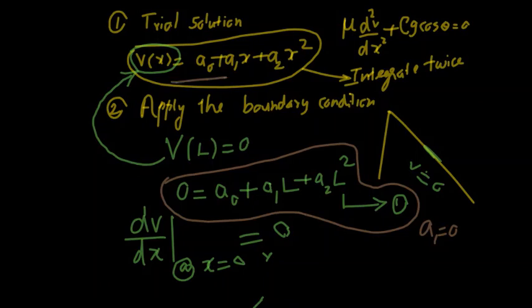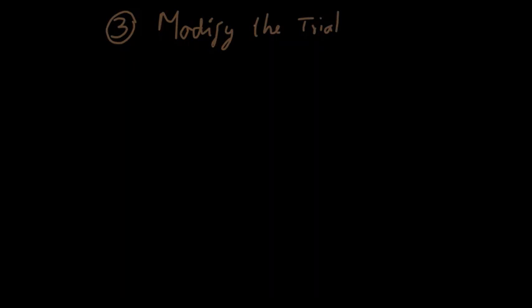I can write the value of a0 in terms of a2, and I can substitute the value of a1 which has become 0. That will be my third step: to modify my trial solution so that the mathematics becomes very conducive for me.